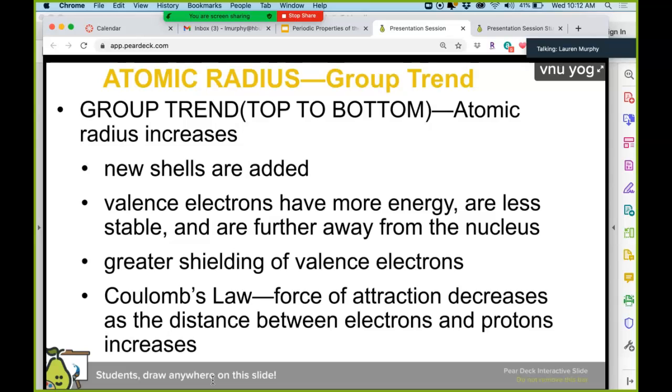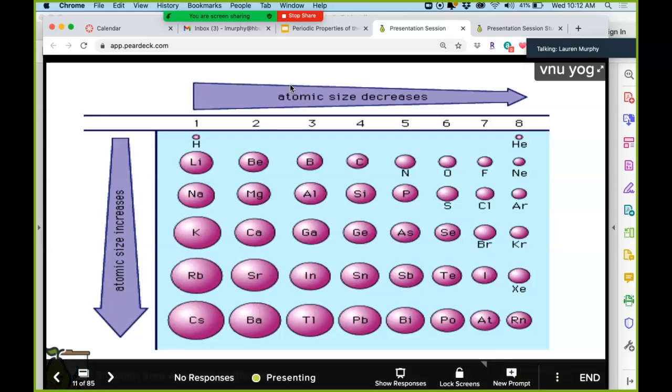You hold two magnets that would generally stick together if they were close. But if you hold them far apart, they don't really recognize each other, so there's not as great of a force of attraction between the two. Okay, so again, this is just a generic kind of size. As you move across a period, the radius shrinks because we maintain the same number of shells of electrons.